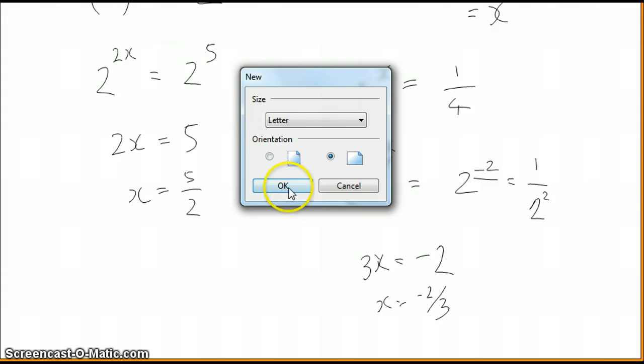I'll do a couple more. Letter C reads 9 to the power x has to equal a third. This time I'm going to use base 3. Right? 3 squared is 9. Oops, that's not x, that's an x.